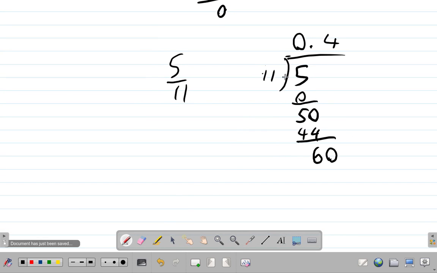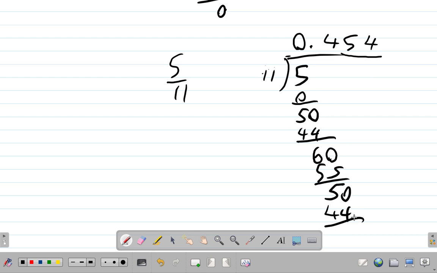So that's what you have there. 60, 11 into 60 was 5 times. 5 times 11 is 55. 60 minus 55 is 5. Multiply by 10 and you will get 50. 11 into 50 goes 4 times. 4 times 11 is 44. 50 minus 44 is 6. Then you multiply the 6 by 10.